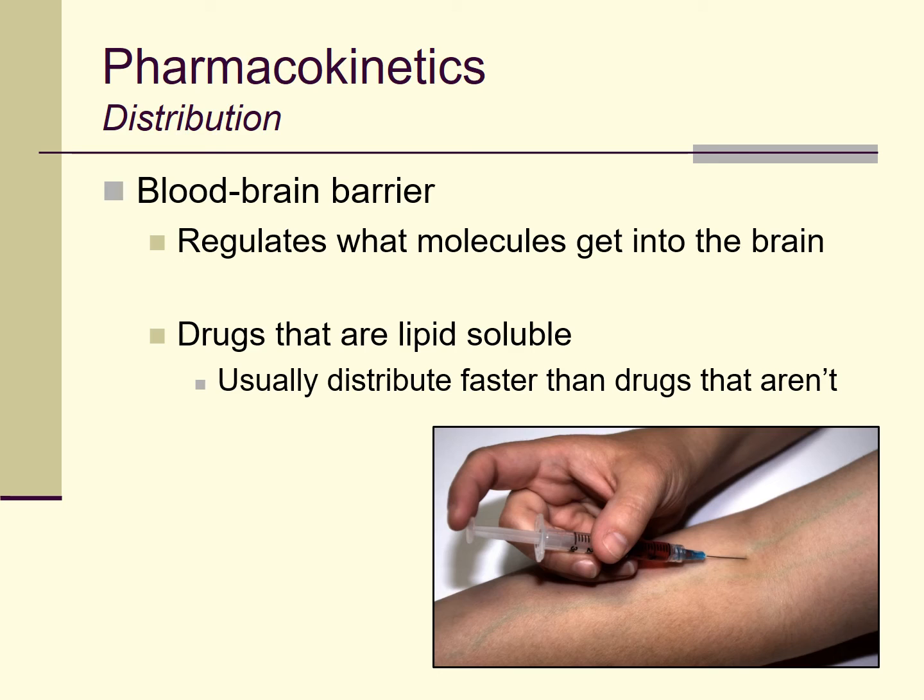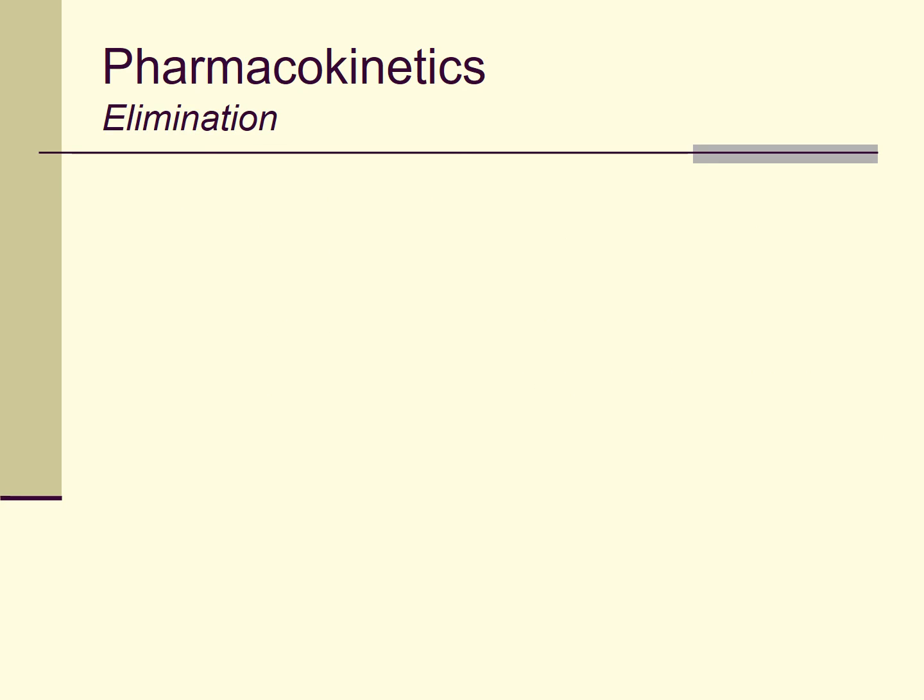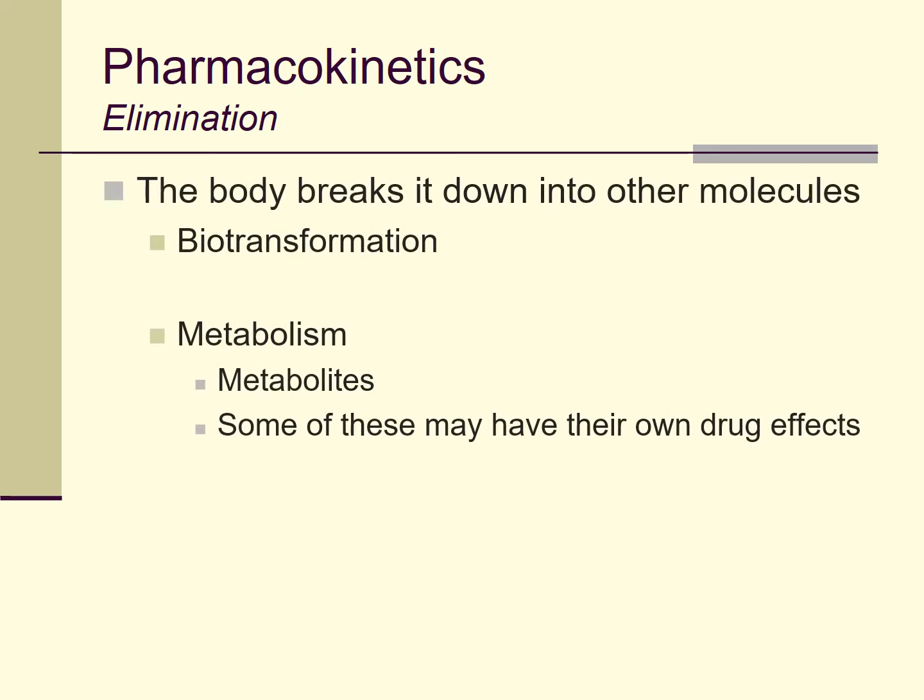So to quickly step back and review, there are different ways that drugs get into your body. There are different factors or variables that affect how drugs distribute within your body. When we think about pharmacokinetics, we think about how drugs are eliminated from your body. Your body almost immediately begins to break down the molecules that are in various drugs into other molecules, to metabolize them down to other more basic molecules.